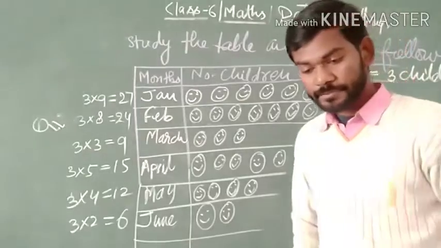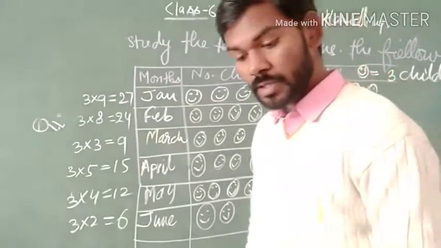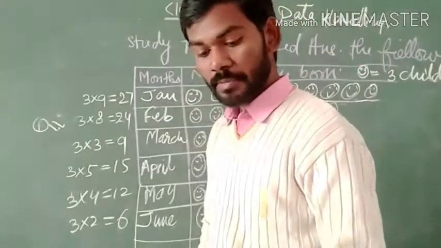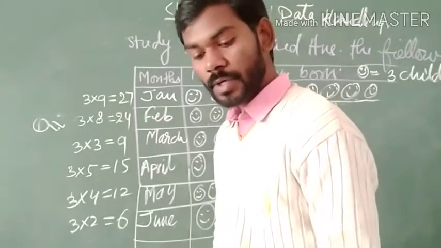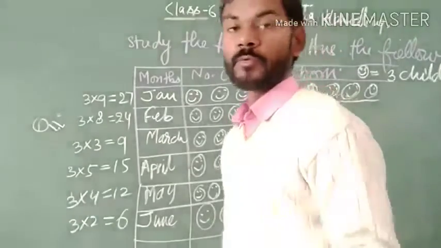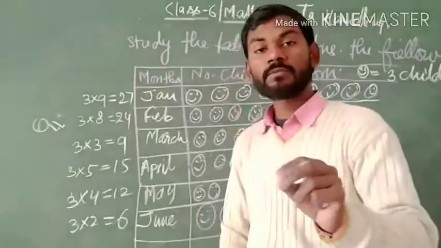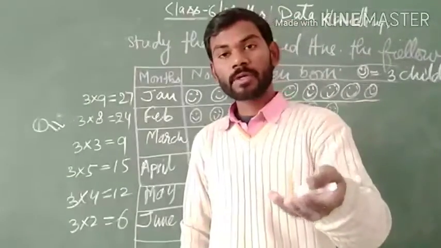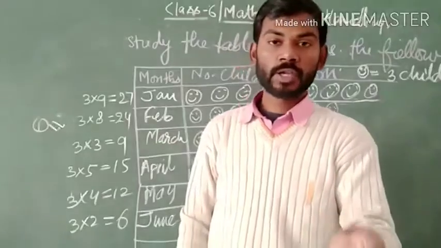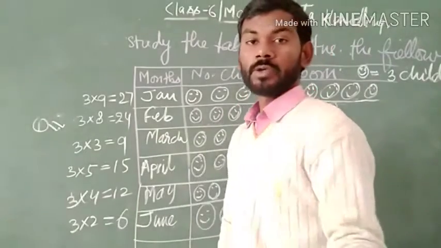The next question is, in which month were the maximum number and the minimum number of children born? We have to check in which month the maximum number of children were born and in which month the minimum.